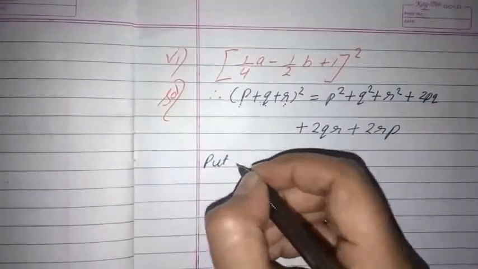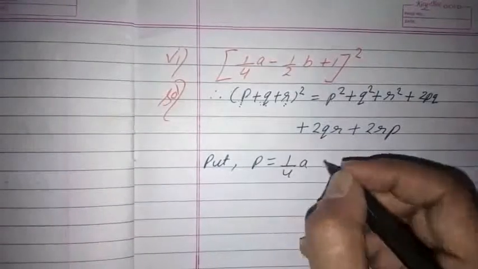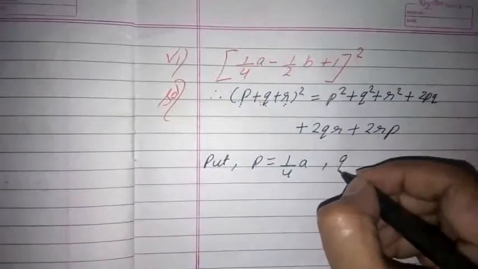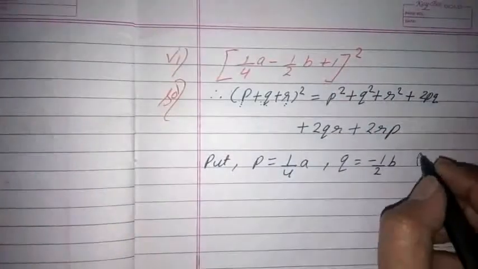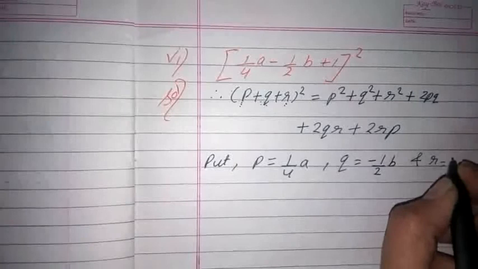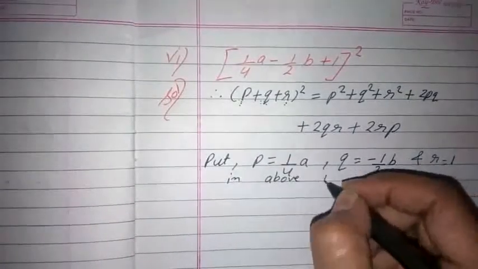Now put p equal 1 upon 4a, now it is in fraction, and q equal minus 1 upon 2b and r equal 1 in the above identity.